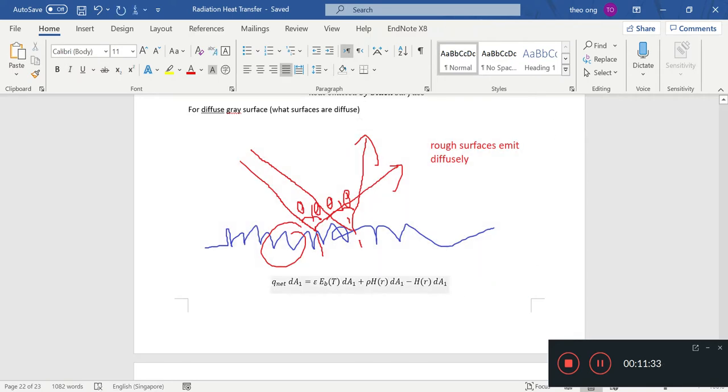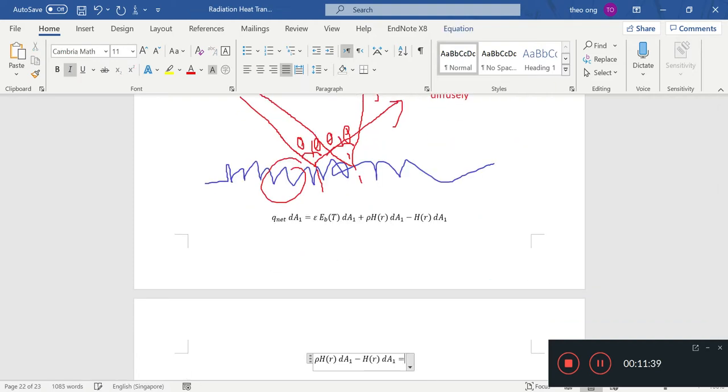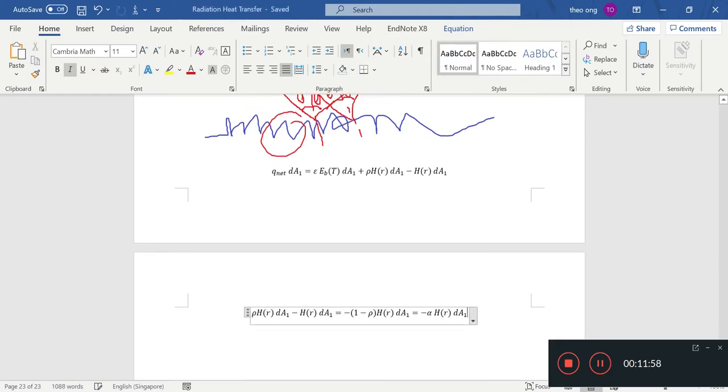If we actually combine these two, this is just 1 minus rho, HR into dA1, and that will equal minus alpha HR dA1. So what am I saying here?